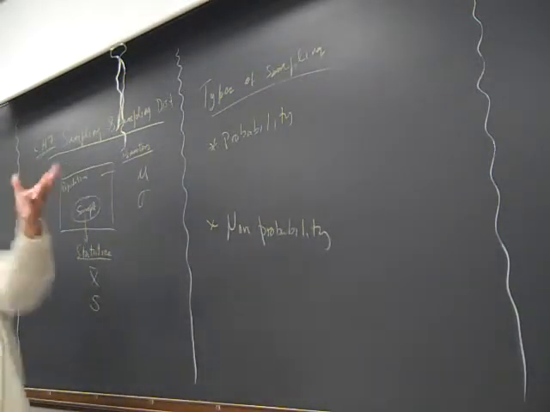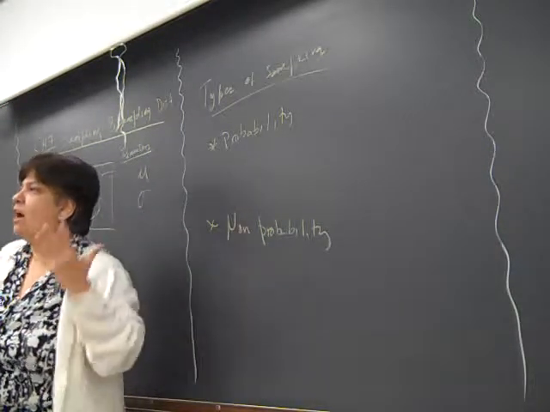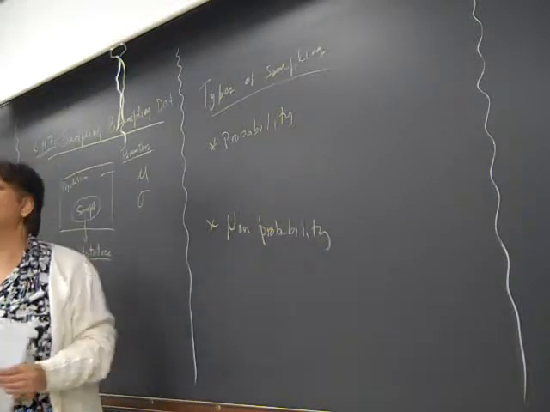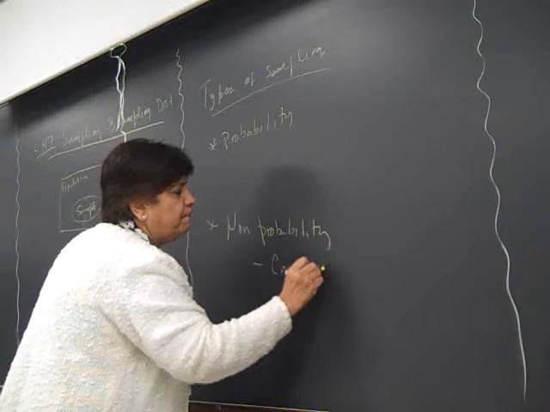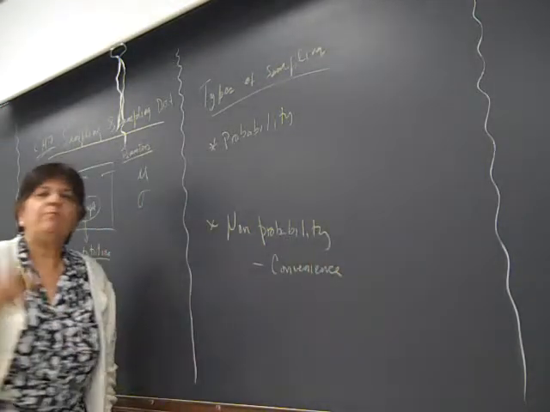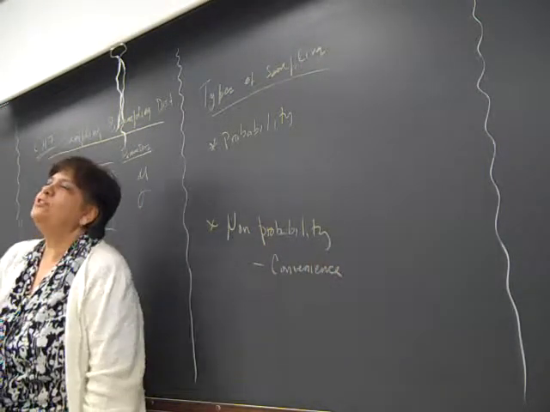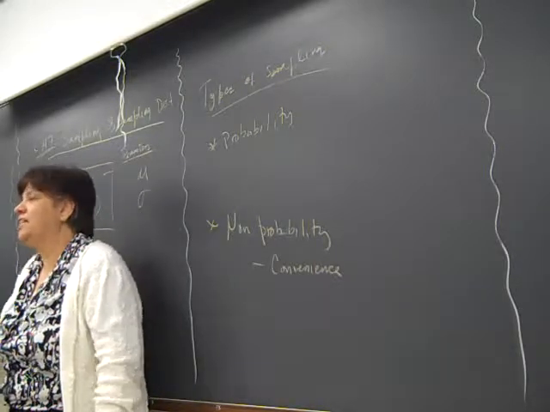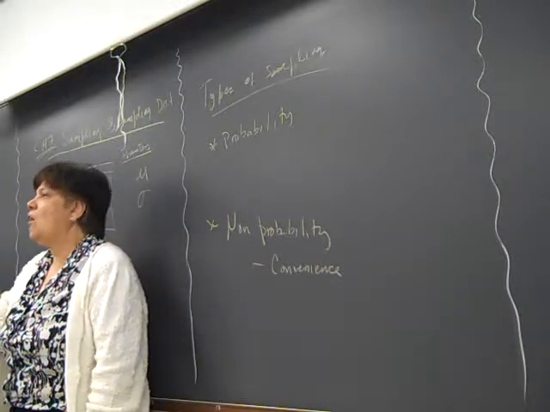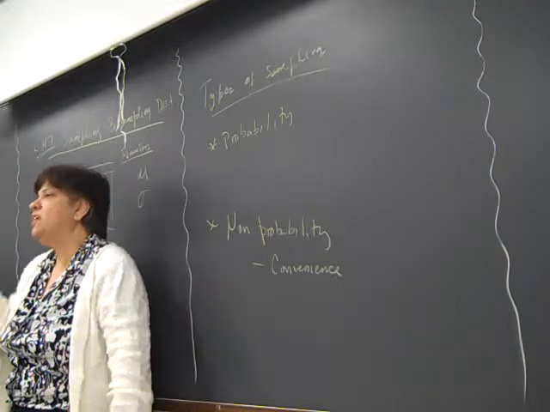Okay, non-probability samples are those samples that are especially convenient samples. Convenient samples are usually what is used in social sciences, because that's how we get our samples, convenience.